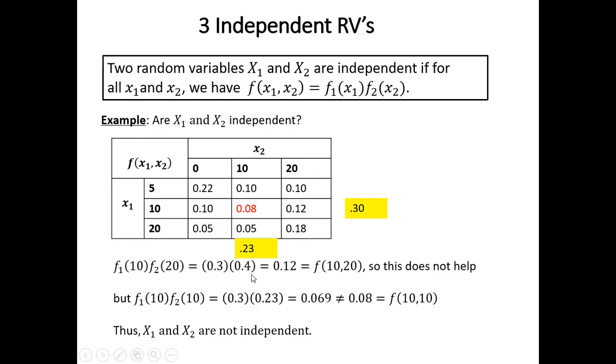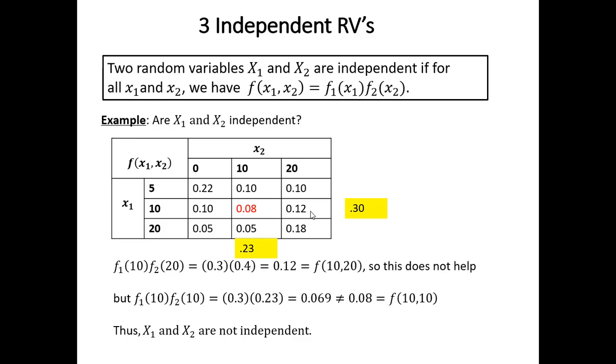So if I try this out, I'd have 0.3 times 0.4. Again, I'm taking this row sum times this column sum. When I multiply that out, I get 0.12. I get the same thing both ways.